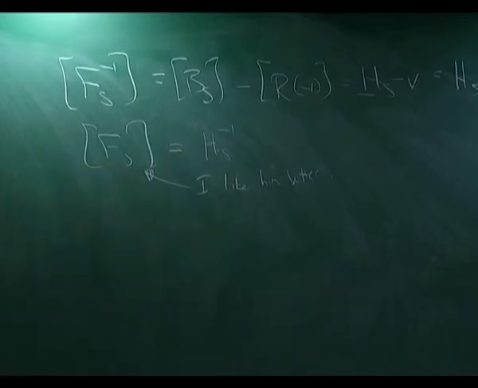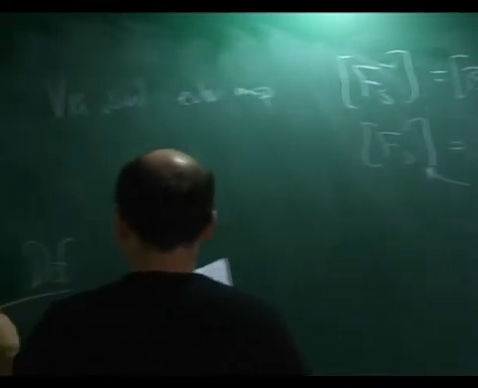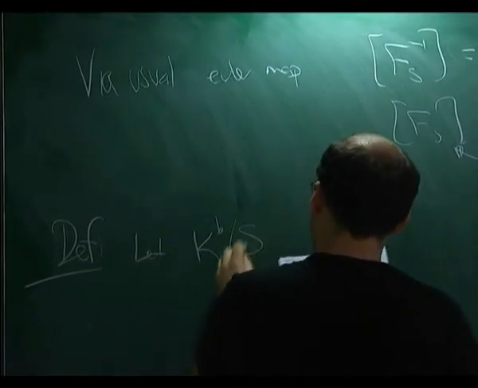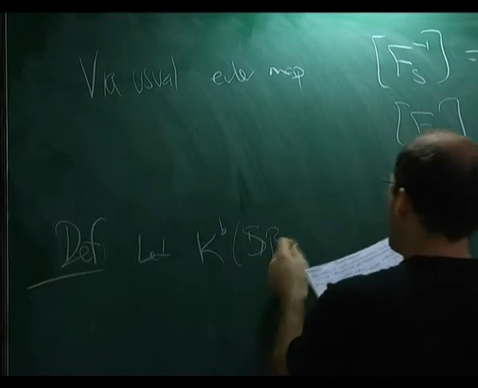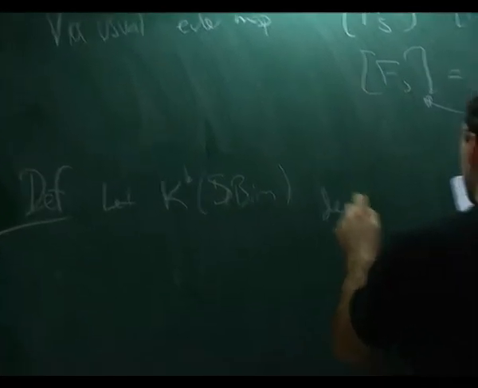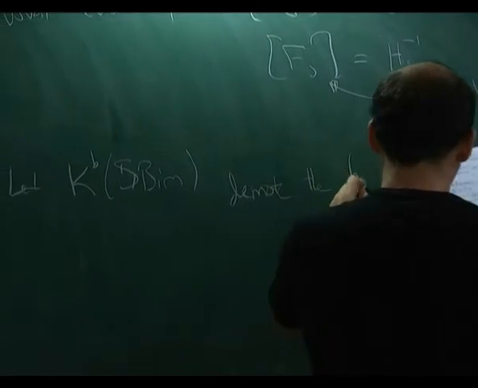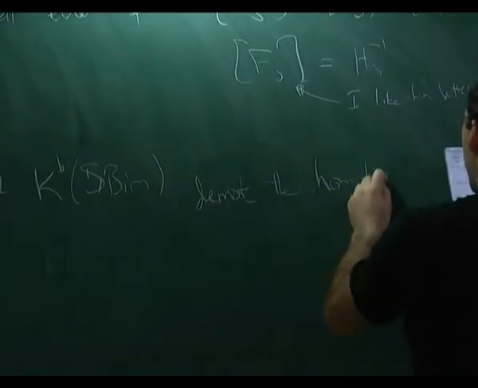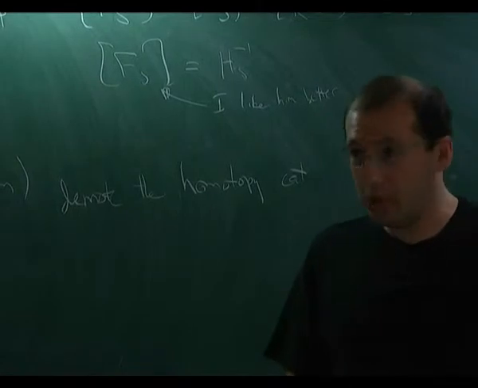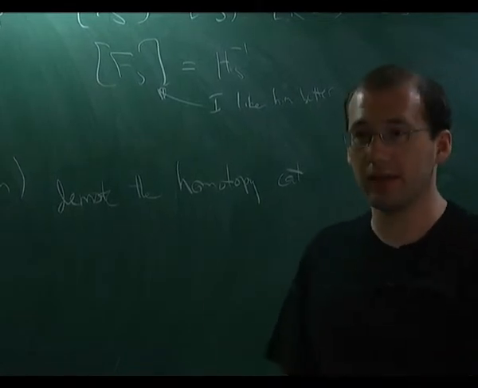Okay, so let's denote KB of Soergel bimodules its homotopy category. Soergel bimodules are an additive category, which means you can take complexes of them. That makes sense.